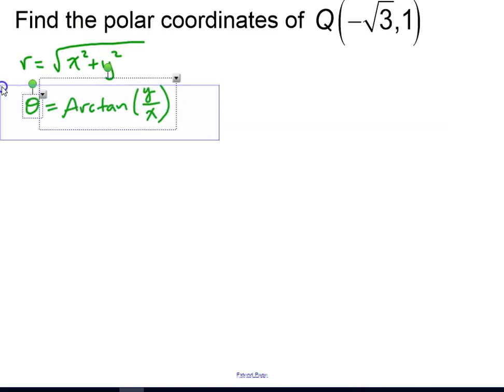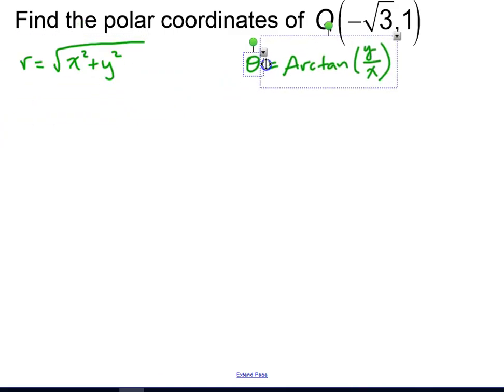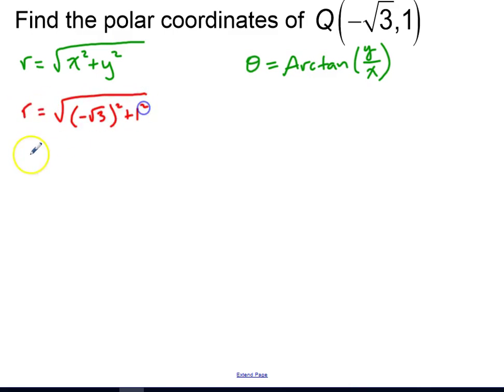Okay. So let's first find out the r. So we have an x and a y. Let's do a little algebra. Okay, so pretty nice. R equals 2. Cool. Now let's find out what the theta is.